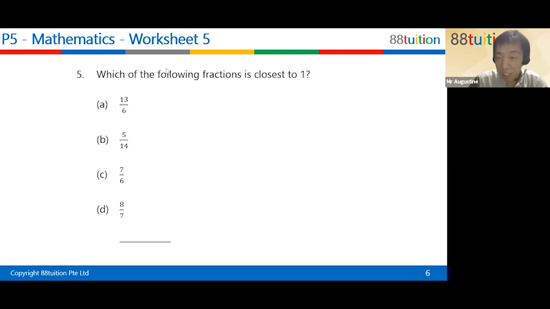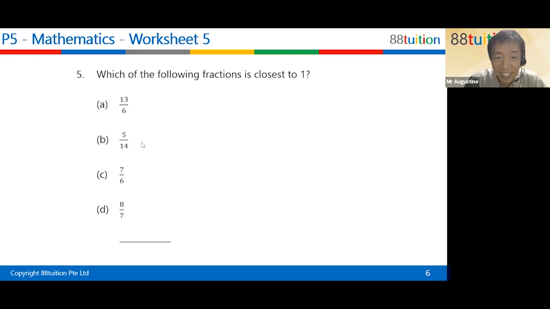Okay, so as mentioned, C and D will be one of these 2 fractions because, as you can see, they are the closest to 1. But which is closer to 1? We'll have to do a very quick check, right? A and B are definitely wrong because they're very far away from 1. We want the closest to 1.